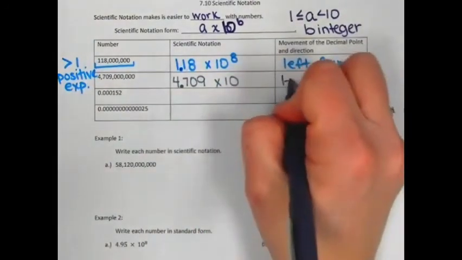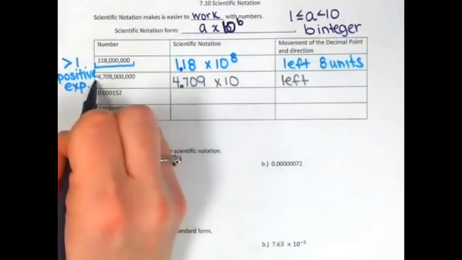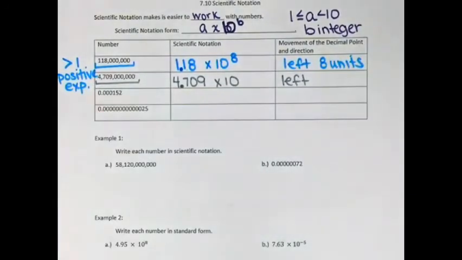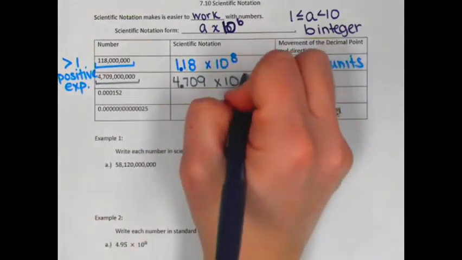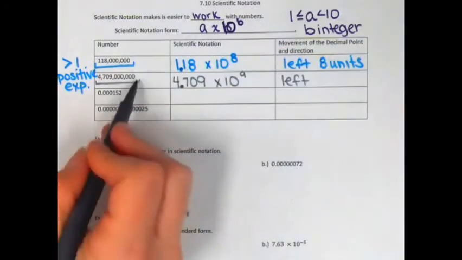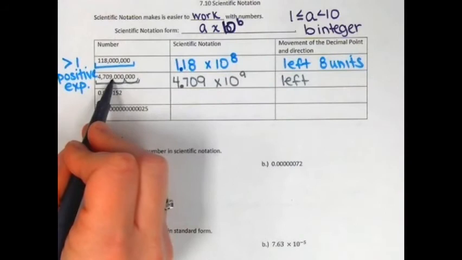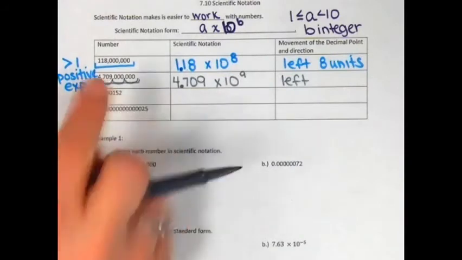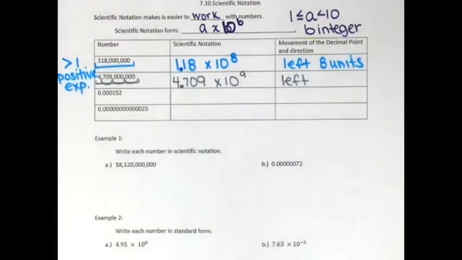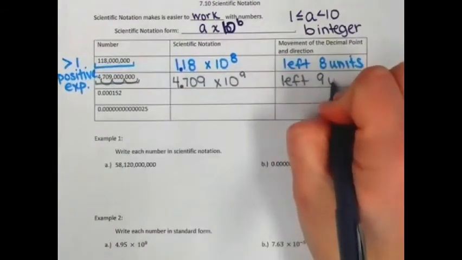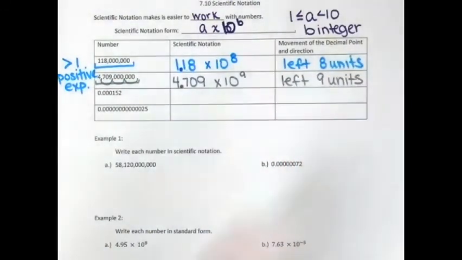And again, we moved it left, because this is a large number. We moved it how many times? 9. Why? We had 3 zeros, and then the 709. So isn't that 9? Yeah. So 9 units.